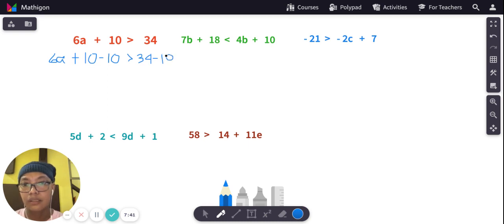Okay, so 10 minus 10 is 0. So this is 6A. 6A is less than 34 minus 10, which is 24. So you see 24 and 6 have a common factor, which is 6.